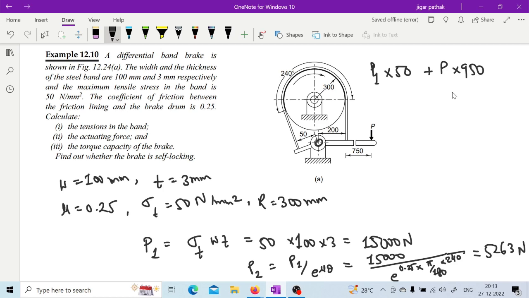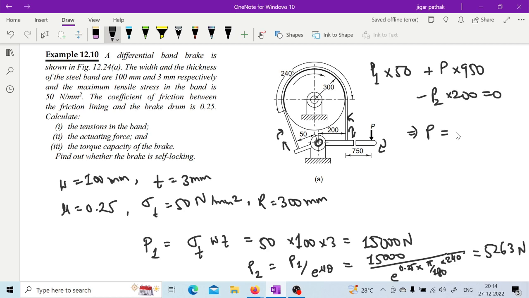Because both will have positive, clockwise moment, and then this will be negative, anti-clockwise. So this will be P2 into 200 is equal to 0, right? So if you go for this, then you will find P is equal to, you have the values of P1 and P2, so you can calculate this P.